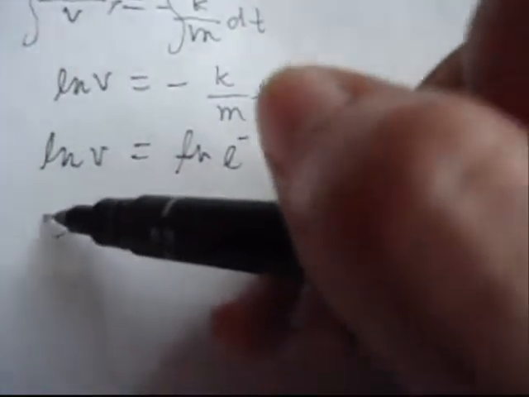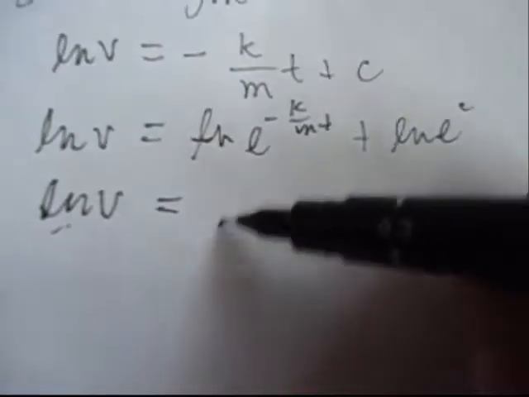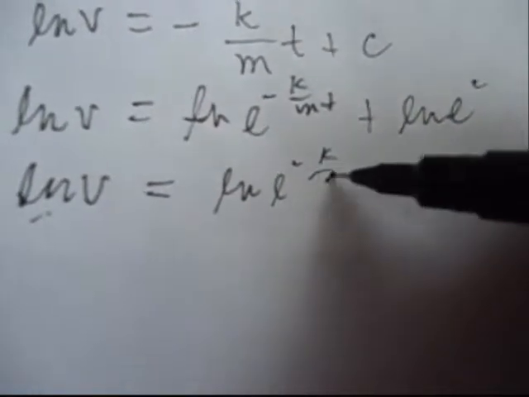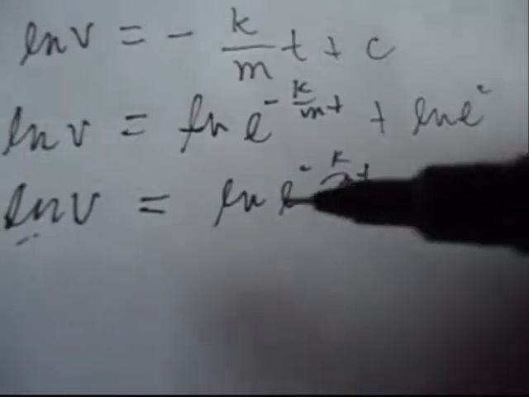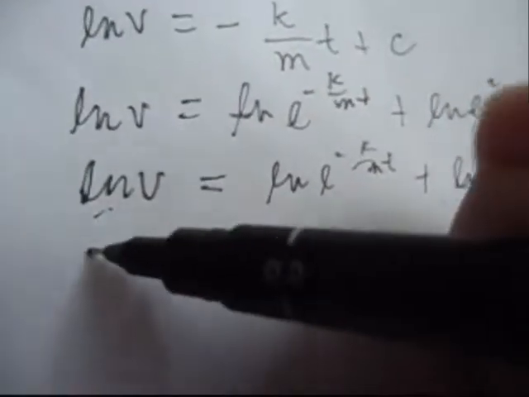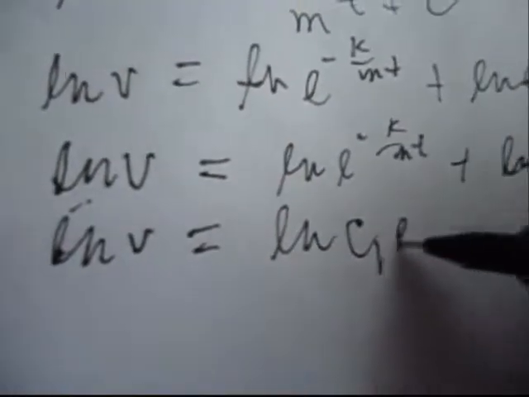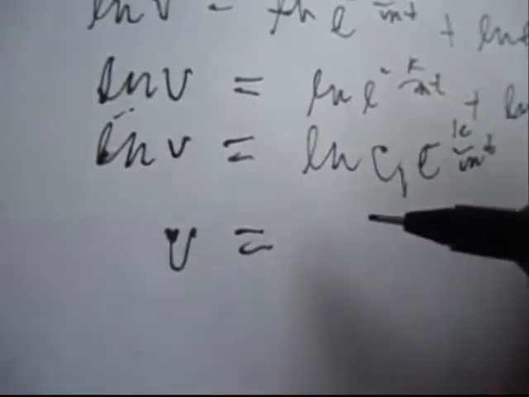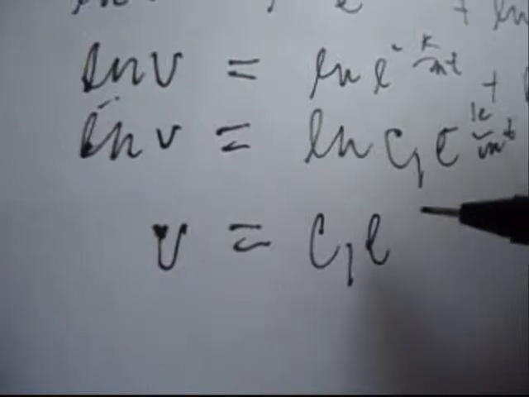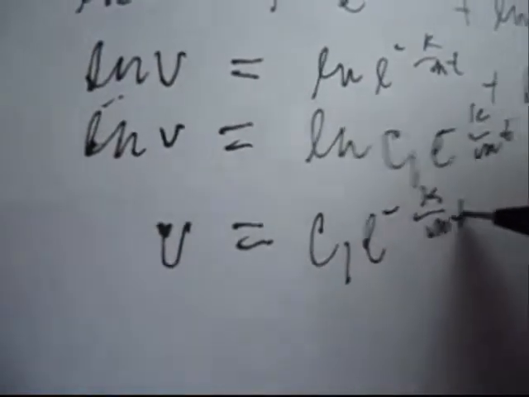So ln v equals ln e to the negative k over m t plus ln c1. By the properties of natural logarithms, we can combine these two terms: ln v equals ln of c1 times e to the power of negative k over m t. So we have v equals c1 e to the power of negative k over m t.